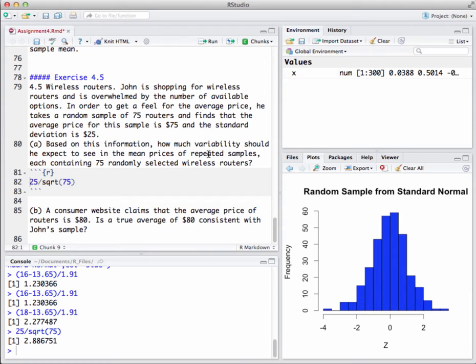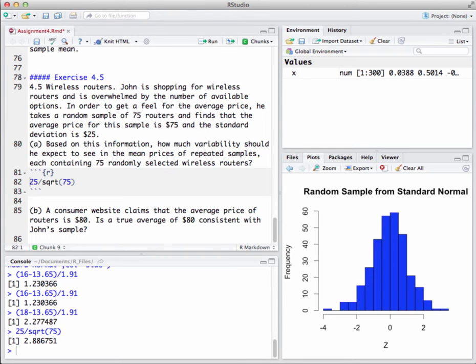In other words, did John's estimate work or not, right? So they're saying that $80 is the true average. If that's the true value, then is that consistent with John's sample or not? So is John's X bar within a reasonable distance of the true population parameter mean?